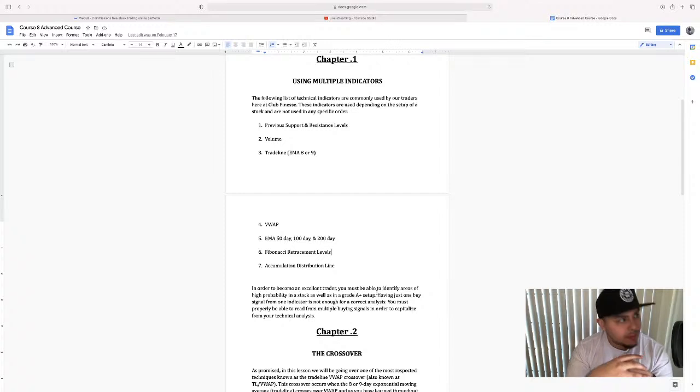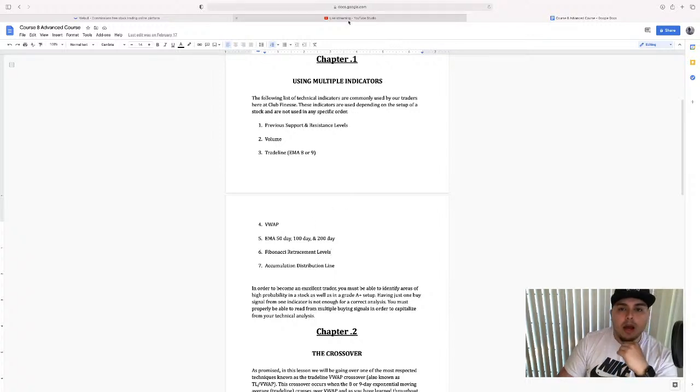But to be a sniper trader, obviously, reading a bunch of indicators gives you the probability of becoming profitable on that trade. You have to probably be able to read multiple buying signals in order to capitalize from your technical analysis.